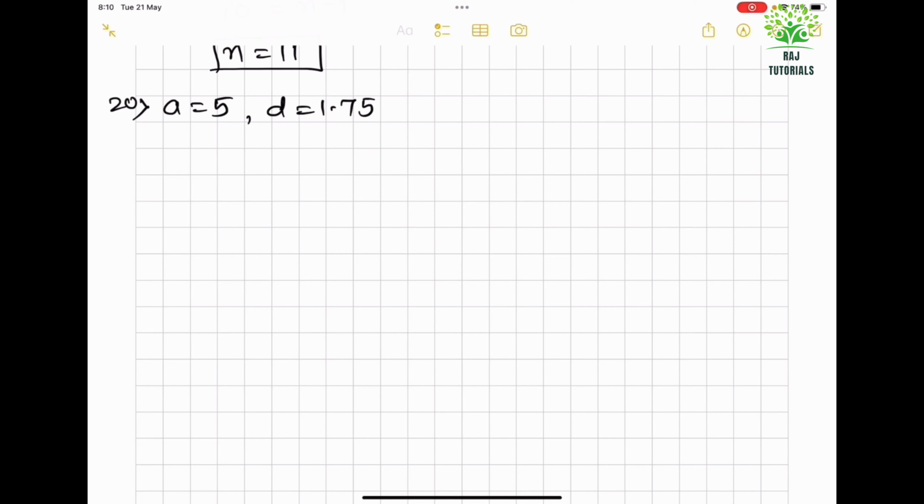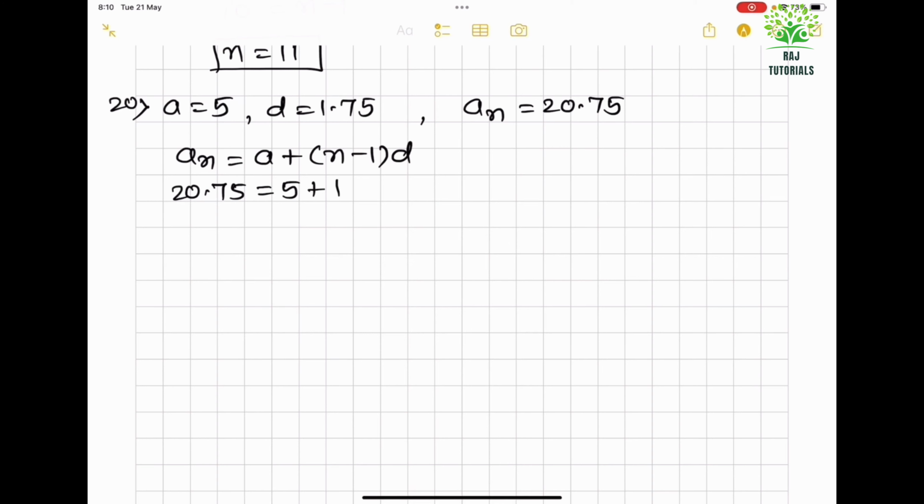If in the nth week her weekly saving became rupees 20.75, so An equal to 20.75. So find n. So again I will use the same formula, An equal to a plus (n minus 1)d.